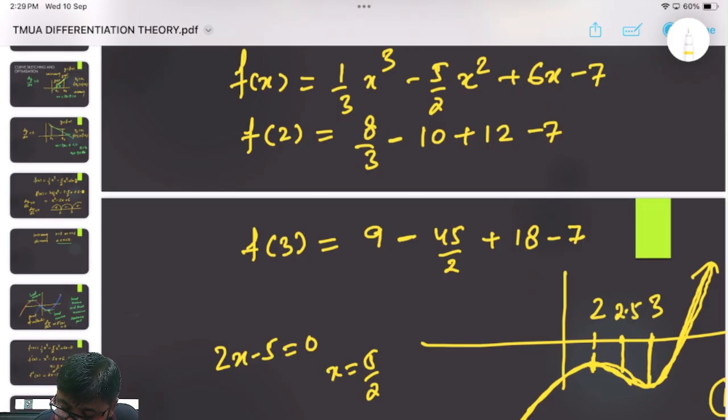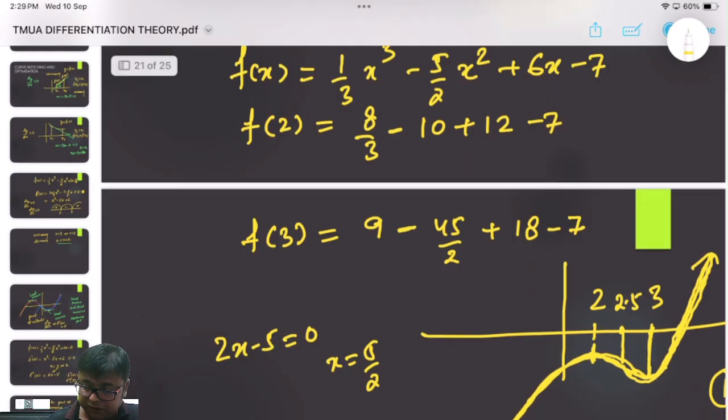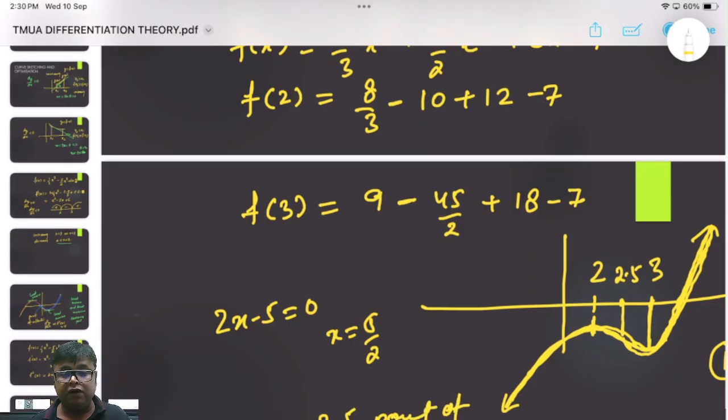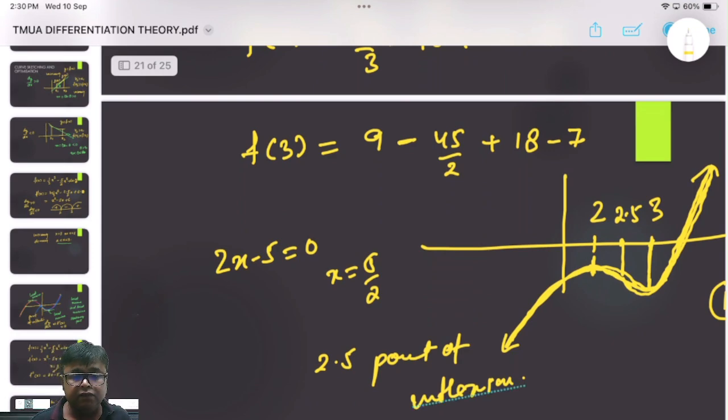And here the curve is changing its concavity from concave down to concave up. So it's called a point of inflection. 2.5 is a point of inflection. So this is how we trace or draw a curve, which is very important for us to understand, right?